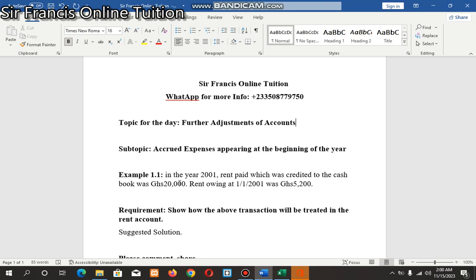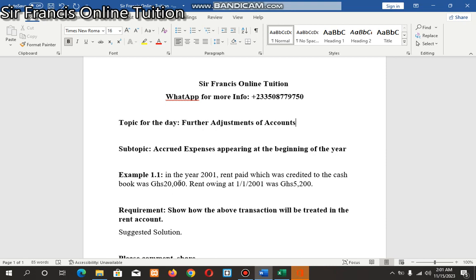Maybe within the year 2000, we rented an apartment costing, let's say, 5,000 for the whole year, which is 12 months. But we've paid 2,500 out of the 5,000. So the remaining 2,500 has to do with accrued expenses.